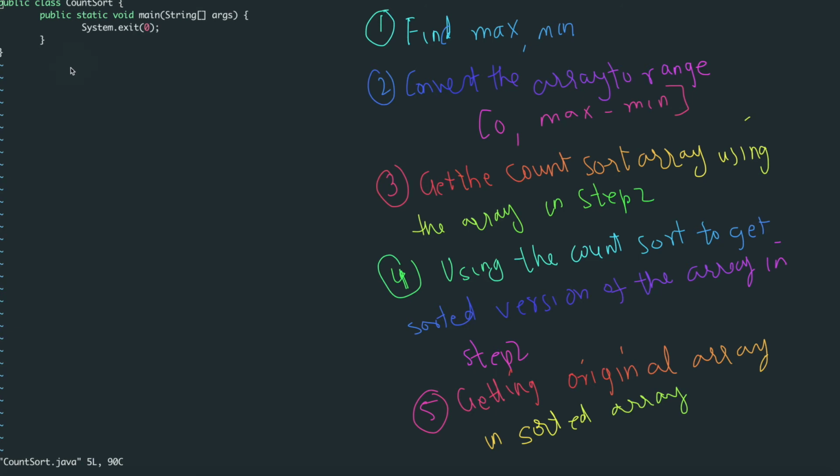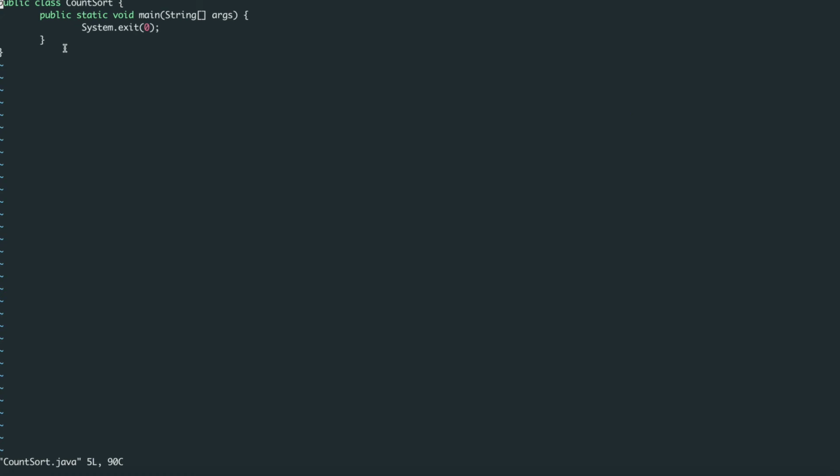Now let us see how we are going to implement it. So let us name the method count sort. This method expects an array and sorts that array using count sort.